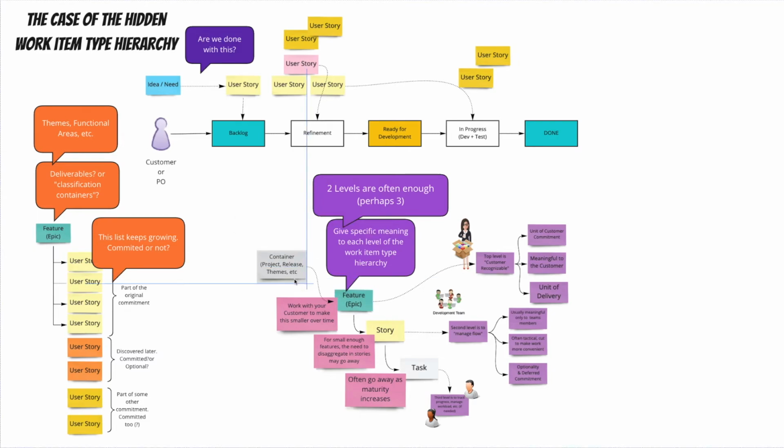Things like functional area or theme or release, projects, a market segment, etc. But it's important to realize that these containers are there to help us with cognitive load, the cognitive load that results from a large backlog, not to help us manage flow. And managing flow arguably has a much bigger impact in day-to-day decisions. So these containers are usually not represented on the board as tickets that move through a workflow, but more often we see them as horizontal lanes or tags on the constituent tickets.